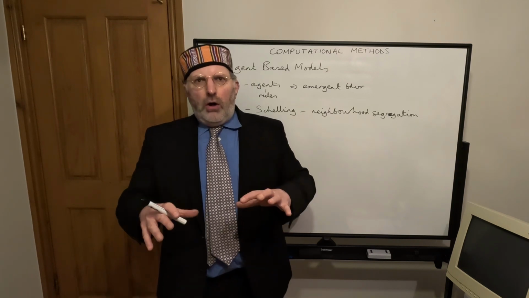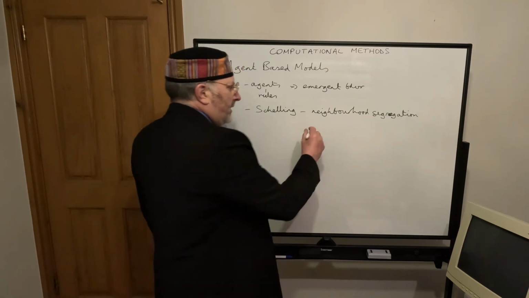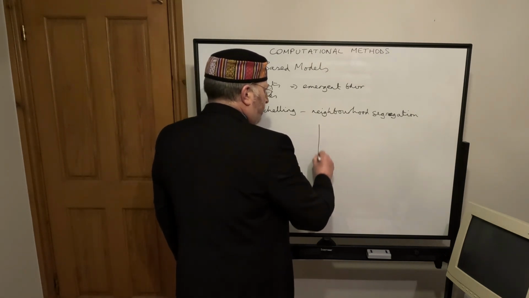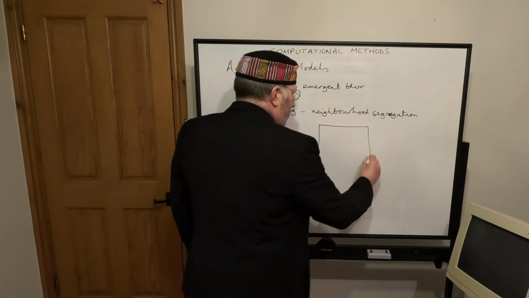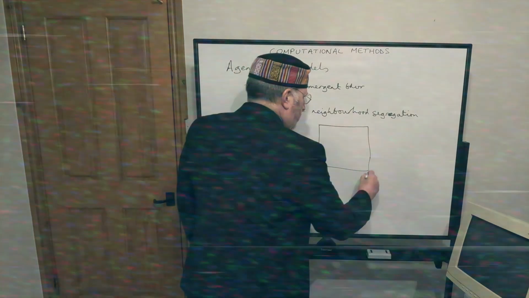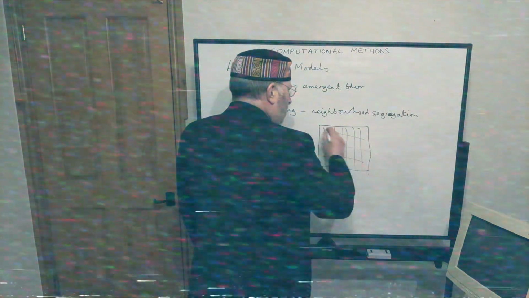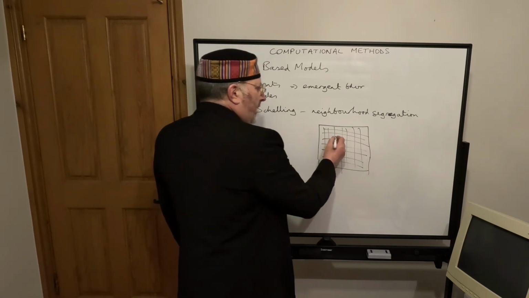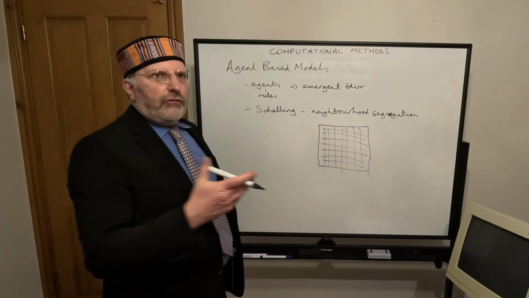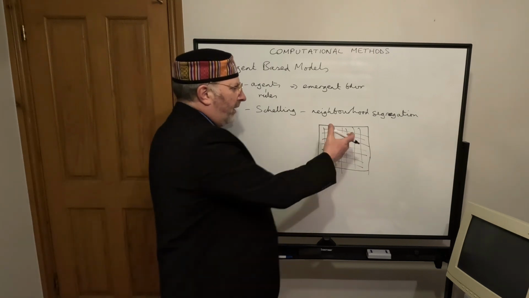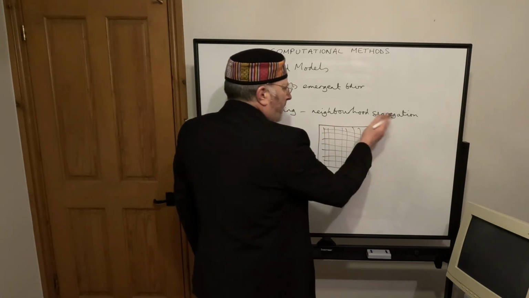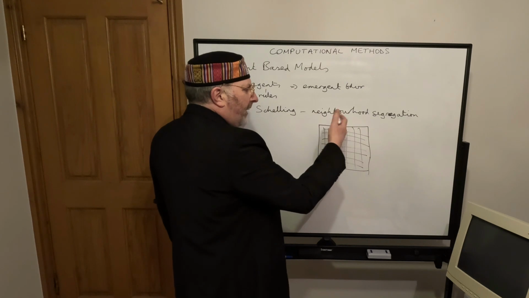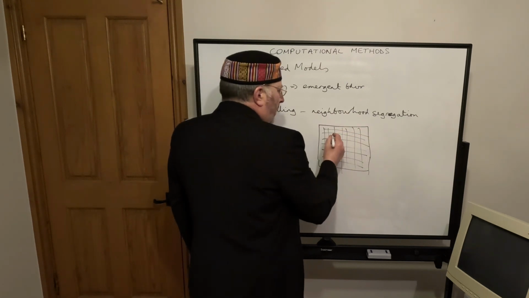and you get clear blocks. And how he did this was with a chessboard. He took a chessboard and he put coins on it. So he used pennies and dimes to represent the two ethnicities or nationalities or what have you.